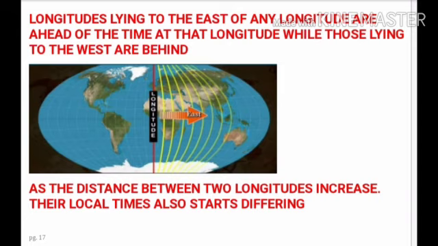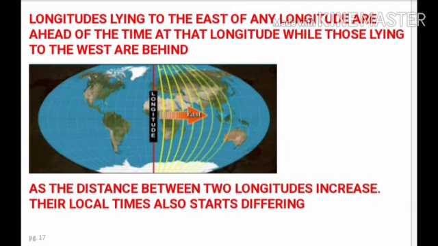Longitudes lying to the east of any longitude are ahead of the time at that longitude, while those lying to the west are behind. As the distance between two longitudes increases, their local times also start differing. As you can see in the picture, the longitudes are placed one after the other. As they move to the east, their time will be more.